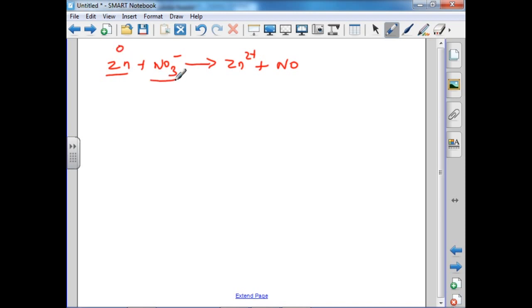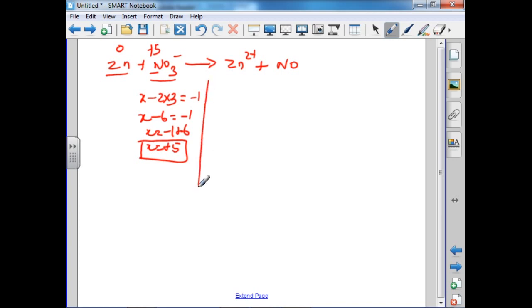Next we find N in NO3 minus: X minus 2 into 3 equals minus 1, X minus 6 equals minus 1, X equals minus 1 plus 6, X equals plus 5. So plus 5 oxidation state of N in NO3 minus. Zn is already given in the problem. Next N in NO: X minus 2 equals 0, X equals plus 2.